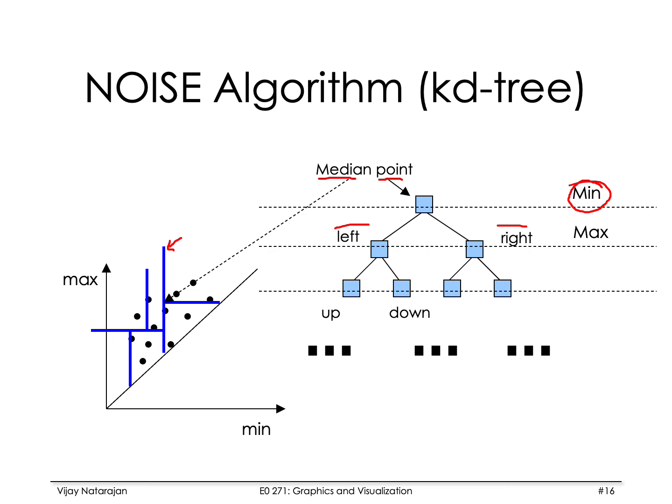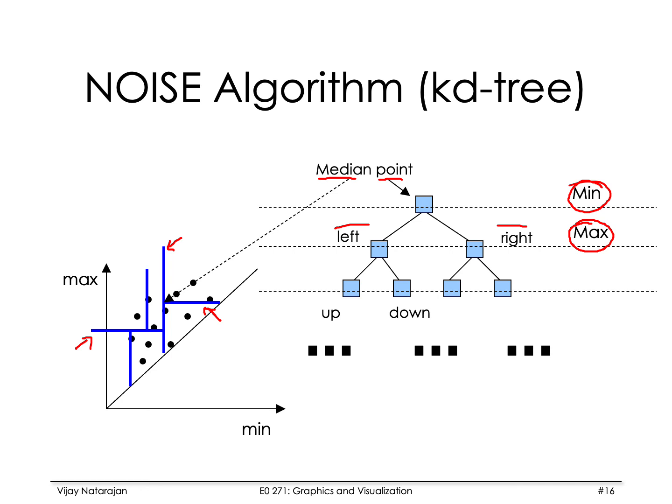Next, at the next level, I partition recursively, but now using the max coordinate. Now I would use the median with respect to the max coordinate and partition. This will give me these horizontal lines. With this, I have divided the set of all points into 4 equal parts.